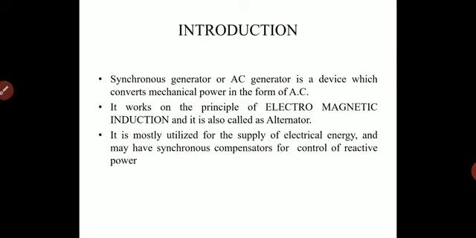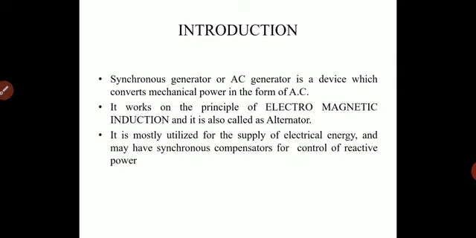The next question is why it is named as synchronous generator. It is named as synchronous generator because the output frequency is synchronized with the mechanical rate of rotation of the field of the generator.